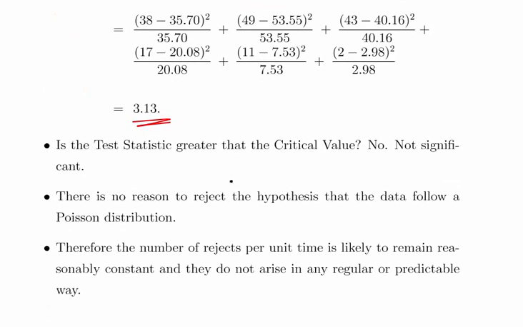Is the test statistic greater than the critical value? No, it's not significant. It's not significantly different from the expected Poisson values. So there's no reason to reject the null hypothesis that the data follows a Poisson distribution. Essentially, the number of rejects per unit time period is expected to remain reasonably constant, and they do not arise in any regular or predictable way.